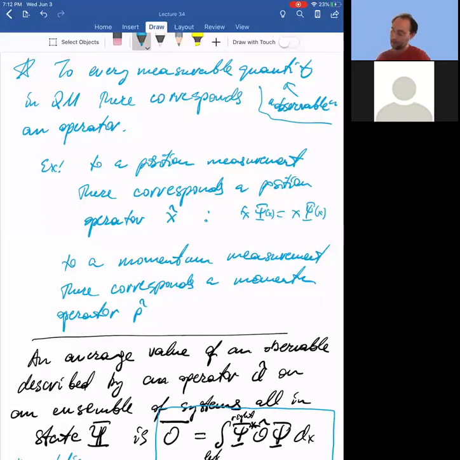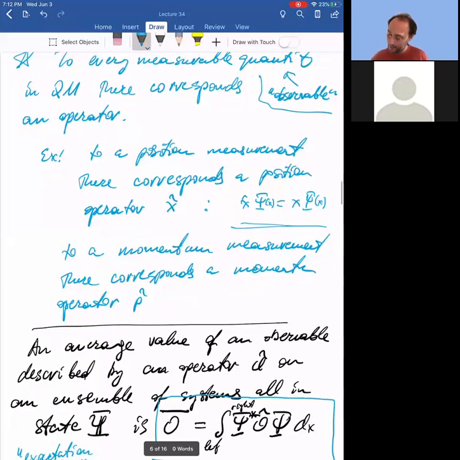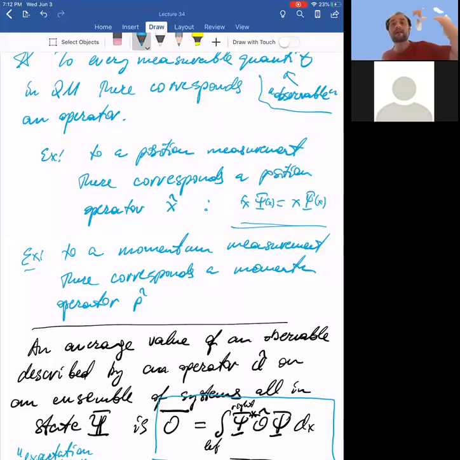So that's the action of the position operator. Example 2. To a momentum measurement, there corresponds a momentum operator, P. We will see what that momentum operator does in a second. But it's some other operator that does something else to the wave function. It massages the wave function into some other form.